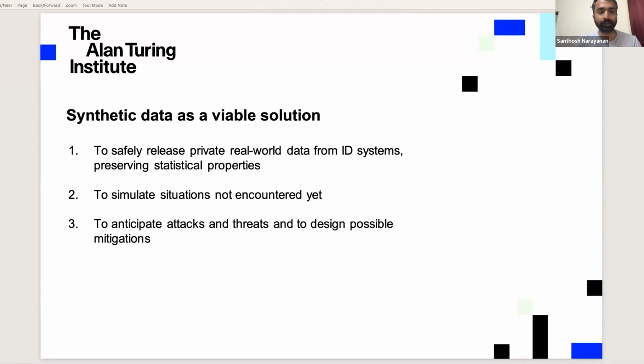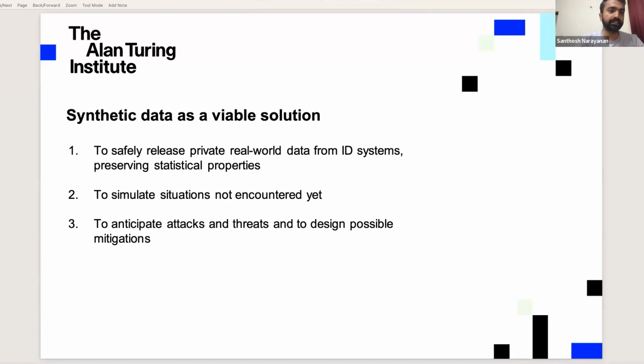But however, being part of this research team now for almost 3 years, I've never seen one single observation of real data from an ID system till now, right? So what can we do? So synthetic data seems like the most obvious and reliable approach in this scenario.